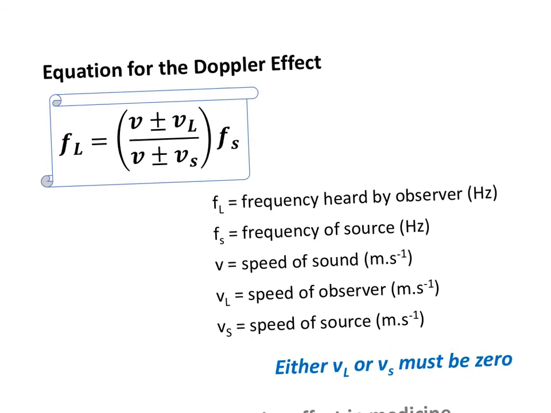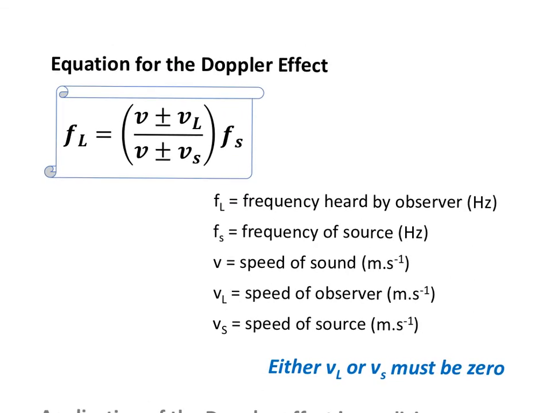Now, this equation doesn't look nice, but it actually isn't so bad. So what does the equation tell us? The frequency of the listener, that the listener observes or hears, whatever that listener may be. So this could be a person, it could be a device of some sort, it doesn't matter.